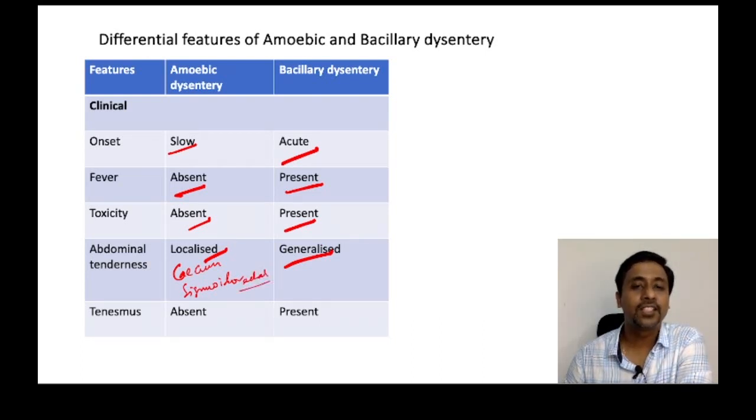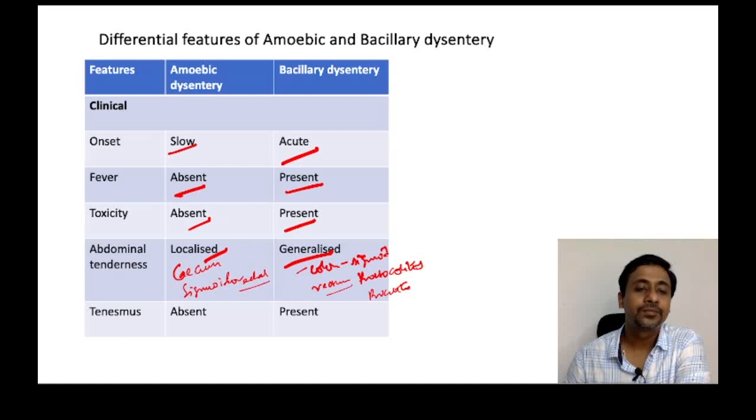Whereas in bacillary dysentery, once it enters the colonic mucosa, the commonest sites in the colon are the sigmoid and rectum. So it causes proctocolitis and proctitis.